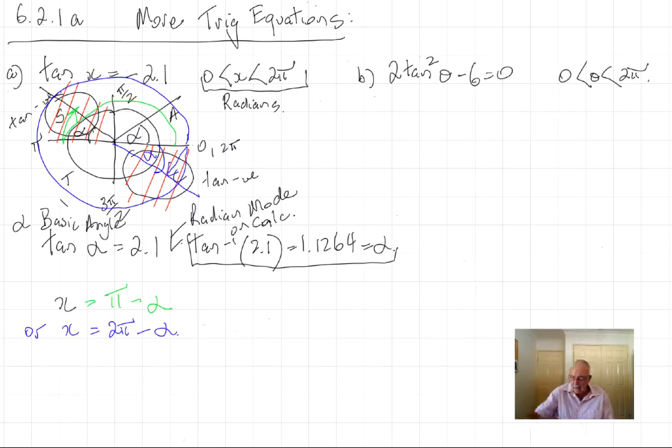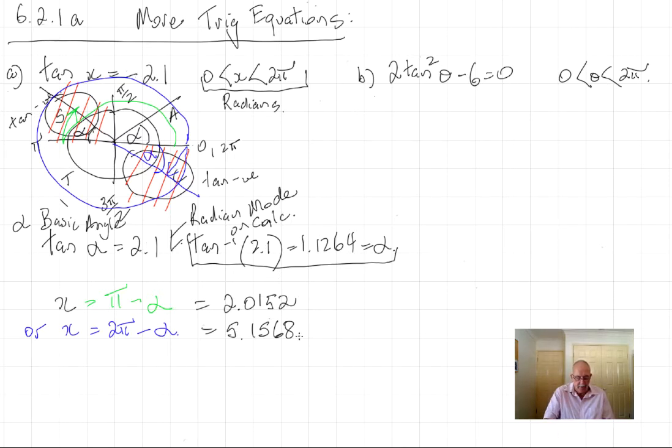That's why we find the basic angle. And using your calculator, you can just put pi minus alpha where this is alpha, and you'll get 2.0152, and 2 pi minus alpha will be equal to 5.1568. Now once again, we can do a check on this. If you put tan of that and you're still in radian mode on your calculator, you should get negative 2.1.